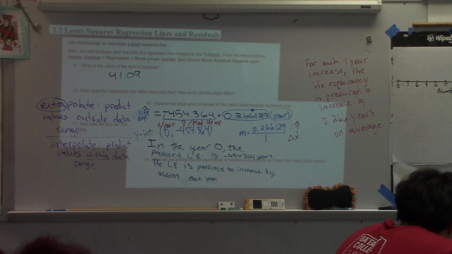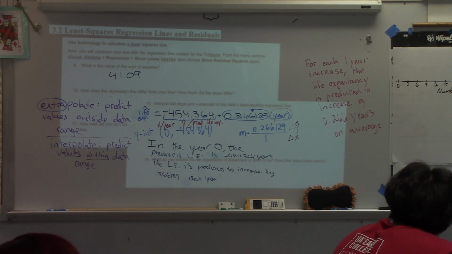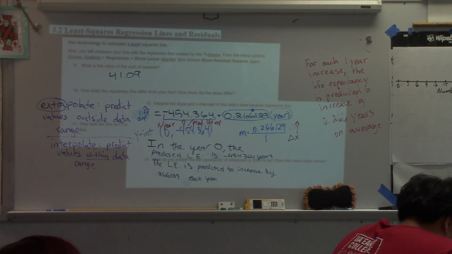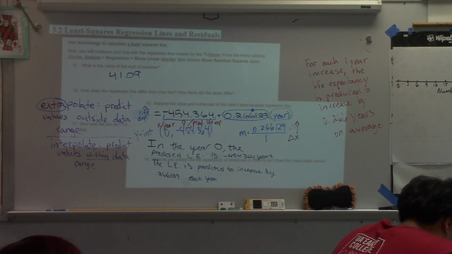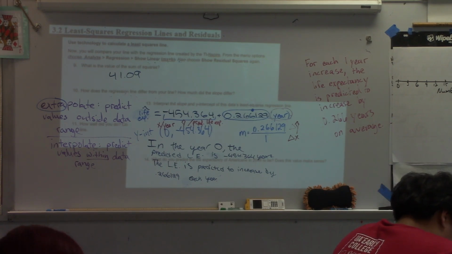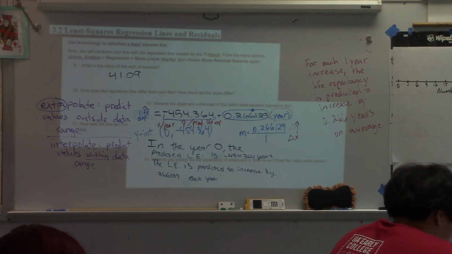A least squares regression line is essentially a mean for bivariate data. And so that's why we want to say it's on average. Because that's not how much it's predicted to increase every year, but on average, that's how much we predict the life expectancy to increase. Okay, moving on.